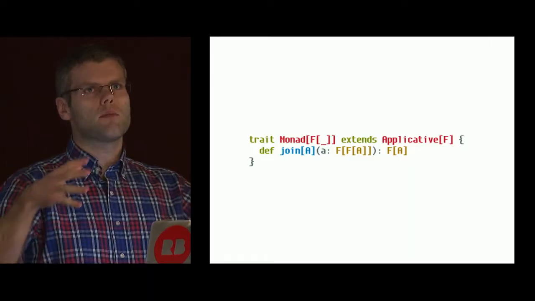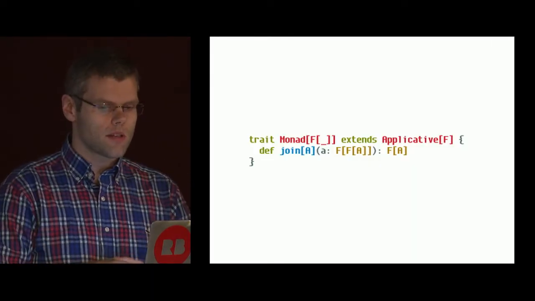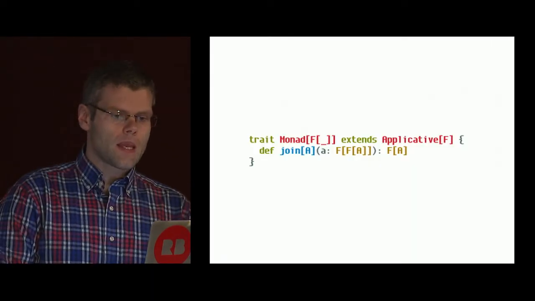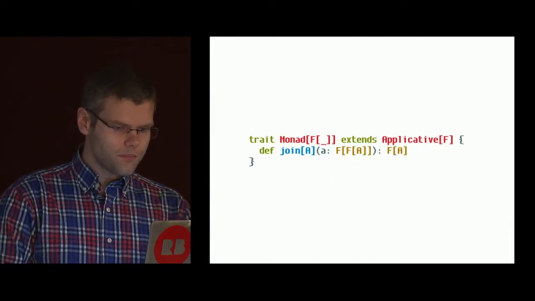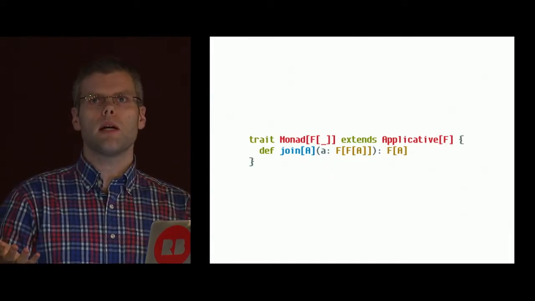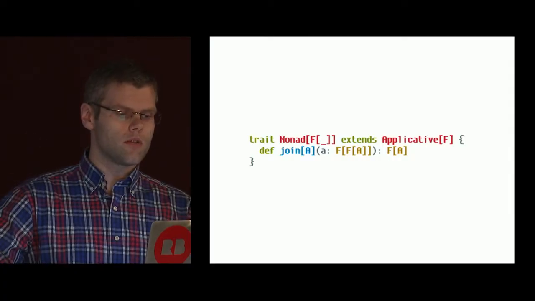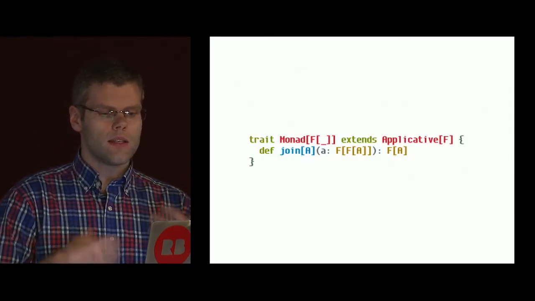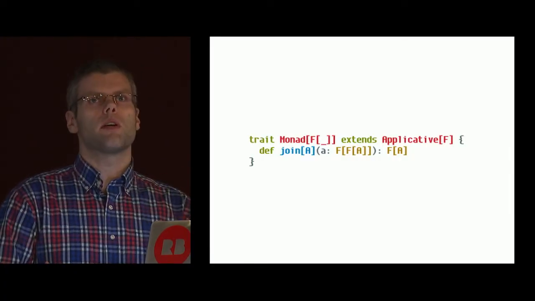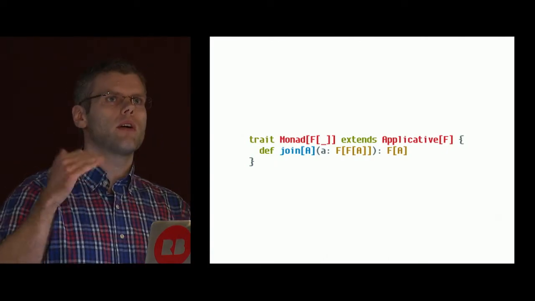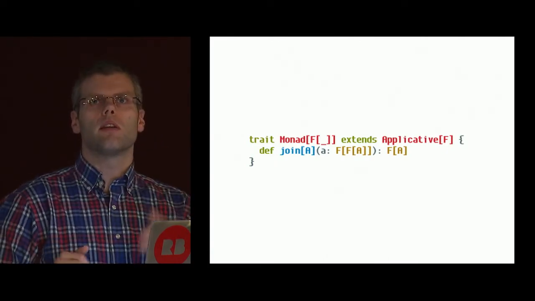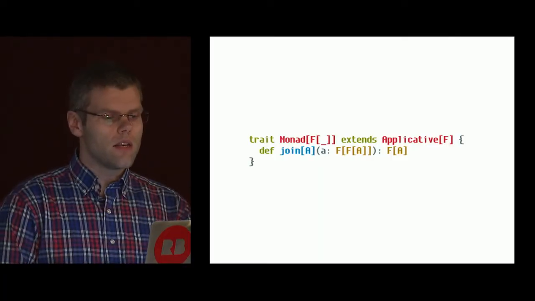If you have an option of option, you can collapse those together. And this allows us to write flatMap. So flatMap is map then join. And it allows us to use for comprehensions, so we can assign to variables and then use those variables later on in the inner context.